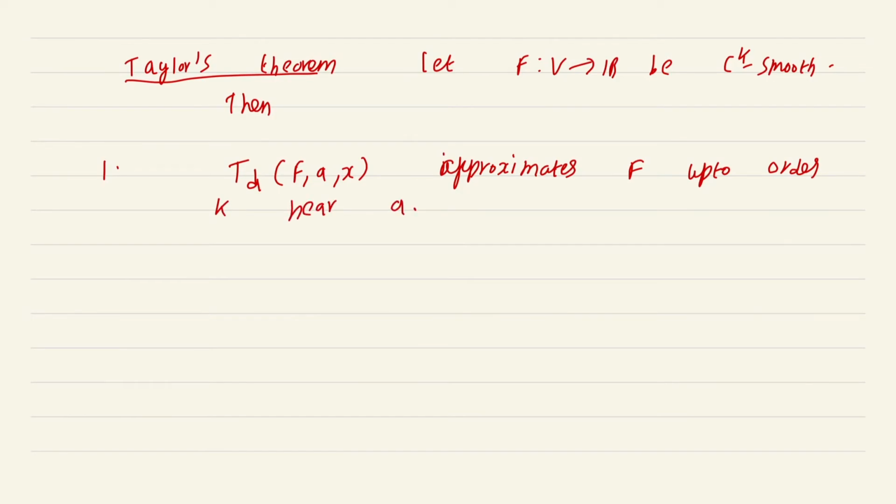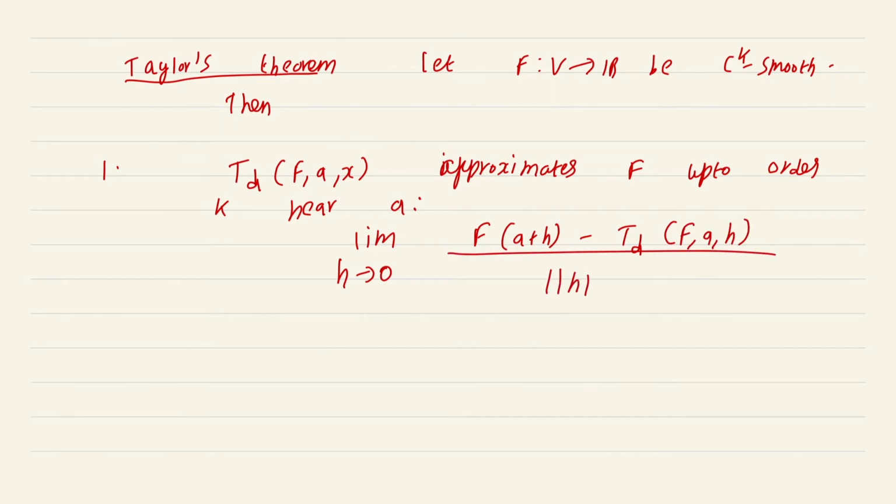So this is a somewhat vague sounding statement. What this really means is the limit as h goes to 0 of f of a plus h minus T_d f a (h), divided by norm h to the power k, is equal to 0. Okay, so this just says that near the point a you can approximate the function f of a plus h by using this T_d f a (h).